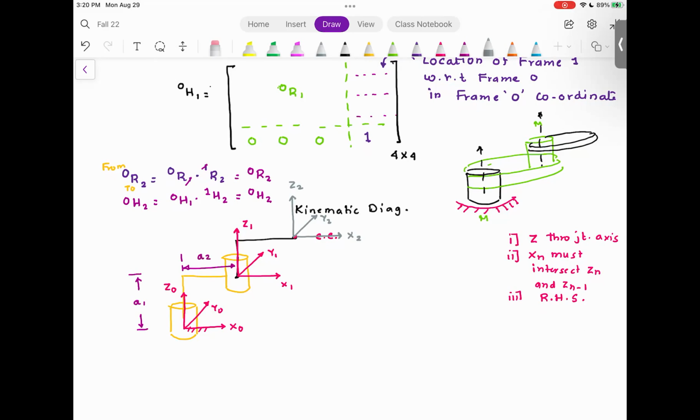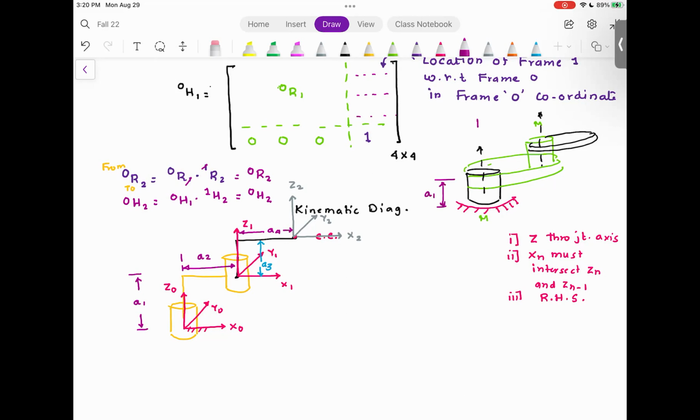I'm going to call this A3. And I'm going to call this A4. So please note, in this particular case, these links are fixed because if you look at the physics of the problem, this length is A1.